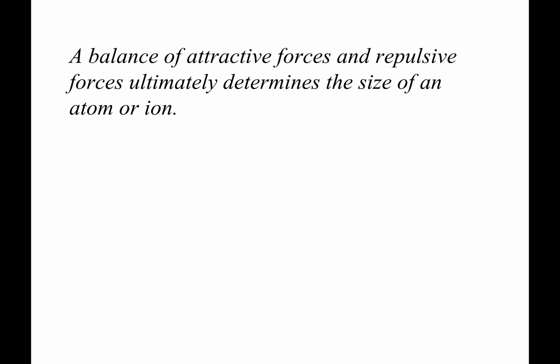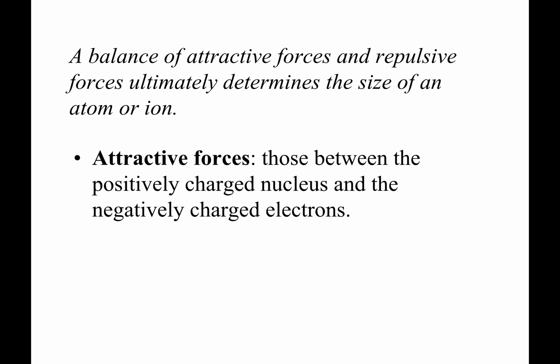And then we have repulsive forces between individual electrons in the cloud, which makes it larger. So if the attractive forces went out, it's going to make it smaller. And that's what happens when we lose electrons and form a cation.